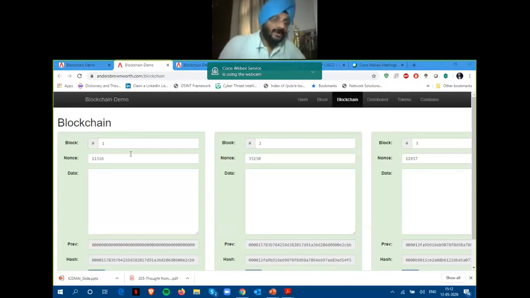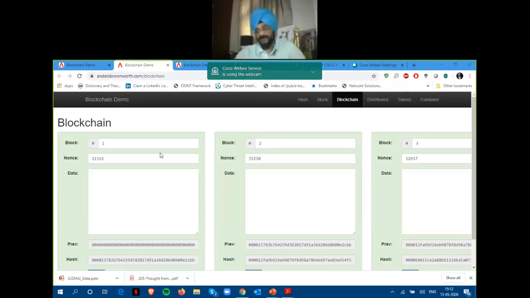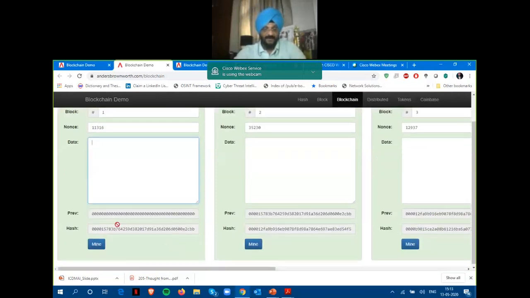Okay. So practically what I wanted to show you, while I was studying, is all the blocks one after the other. These are the blocks and they have a block number. These are the nonces, which are random numbers that get generated. And here are all the transactions which are being filled in. This is all linked to the previous block, and this hash code gets generated after this block.